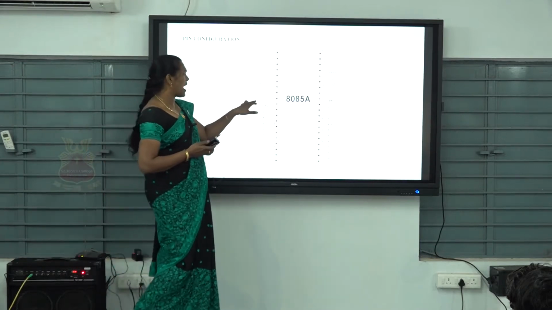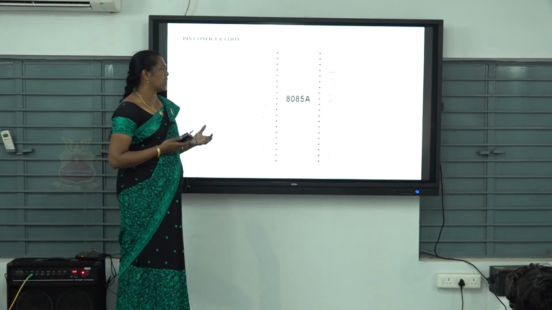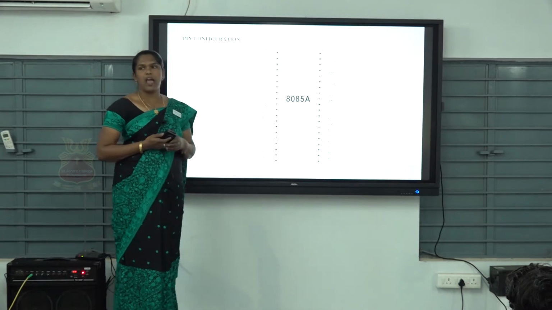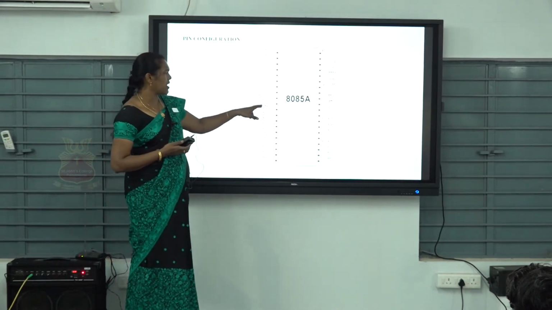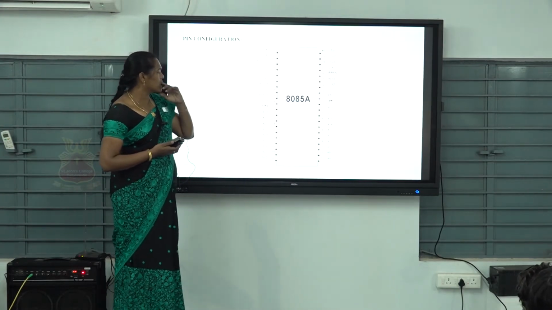If we give INTR, then the microprocessor accepts the input pin and acknowledges by giving the output INTA pin to us. Okay. What is happening here?